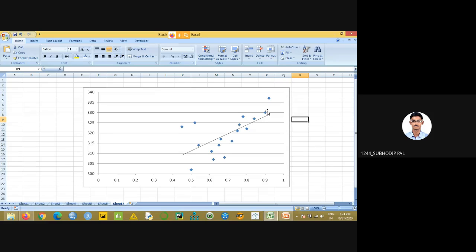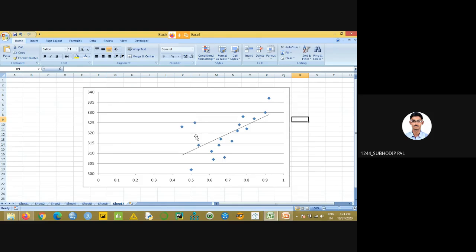So the points which are above the line, we can say these points have positive residual, and the points which are below the line, we can say these have negative residual. So how do we measure the residual? We just check the distance between this point and the line.